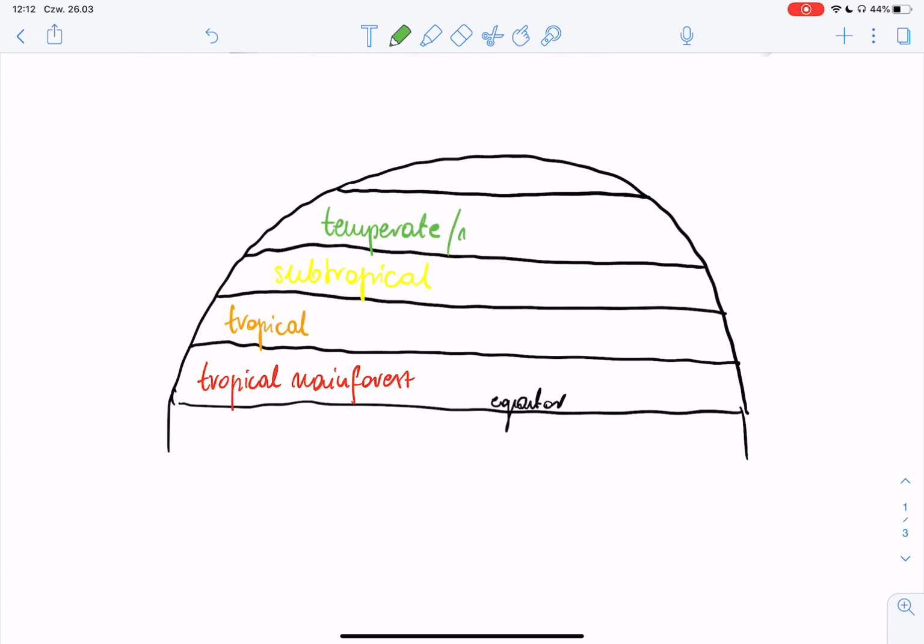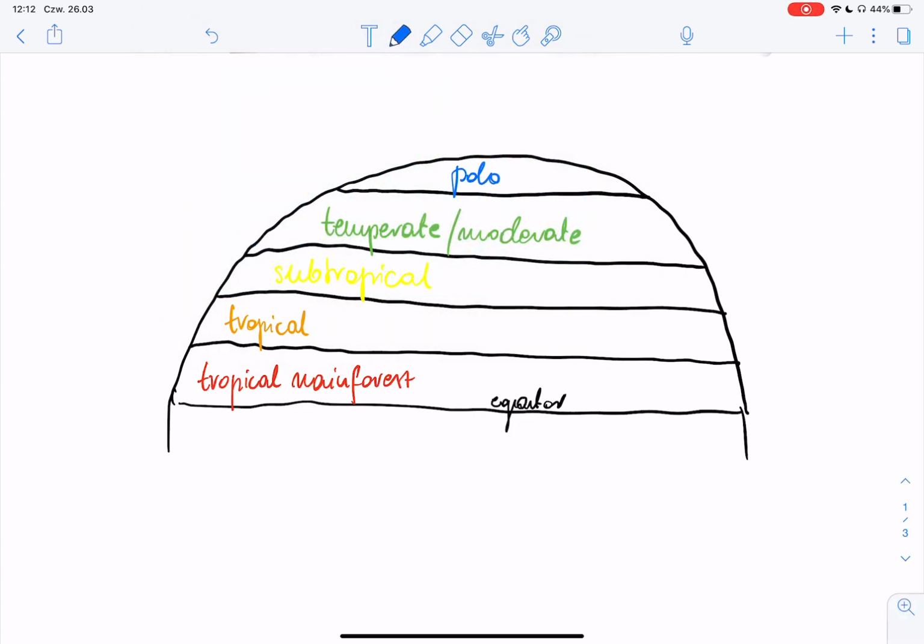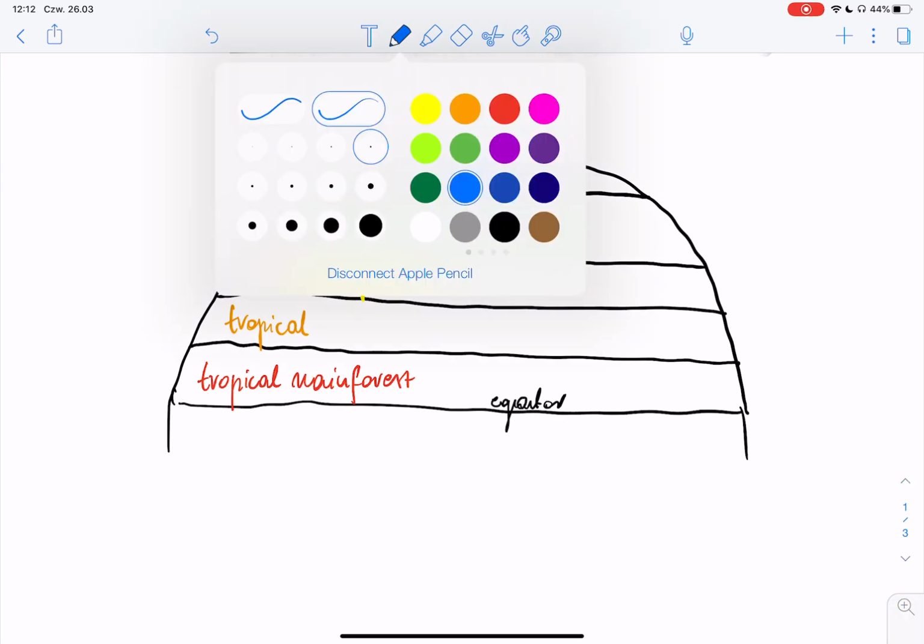Temperate or moderate, you can hear those two names. The same thing happens on the other hemisphere.